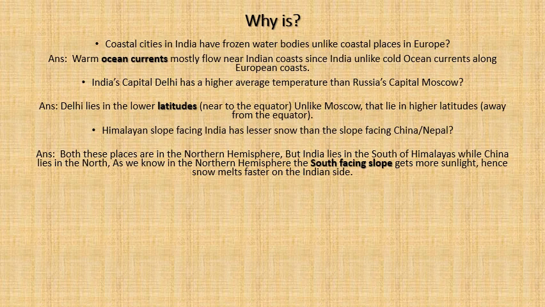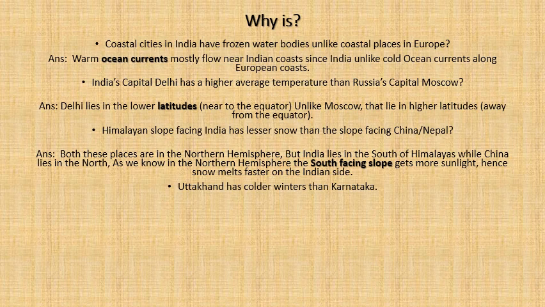The slope which is facing the south is the slope which is facing India. So when it gets more sunlight, it melts a lot of snow. That is why India has a lesser amount of snow. But the slope which is facing north is the slope which is facing China and Nepal, and that portion gets less sunlight, so less melting and more snow.